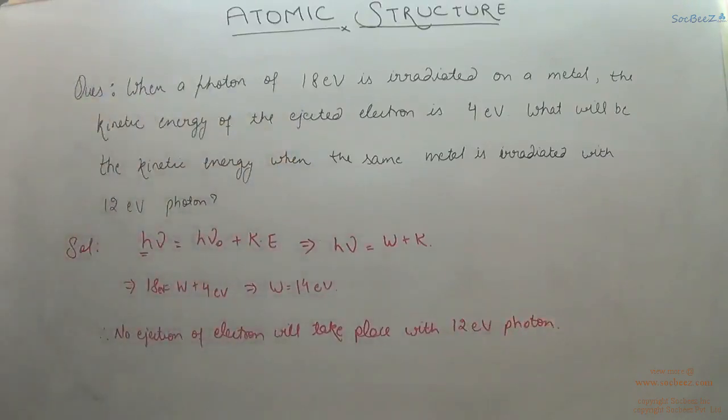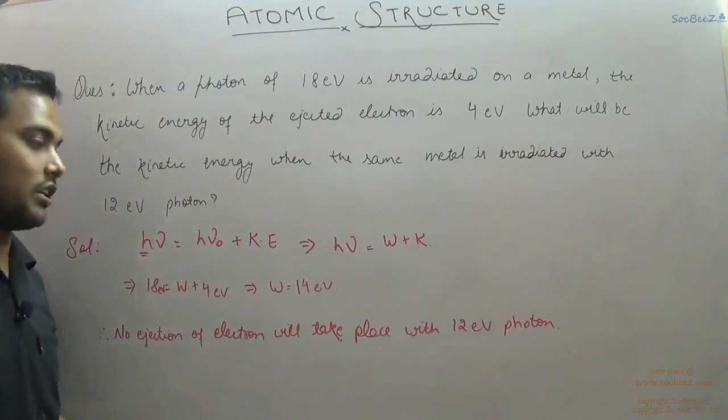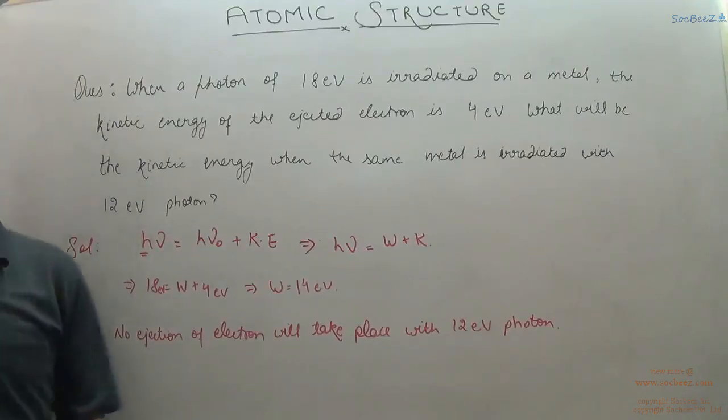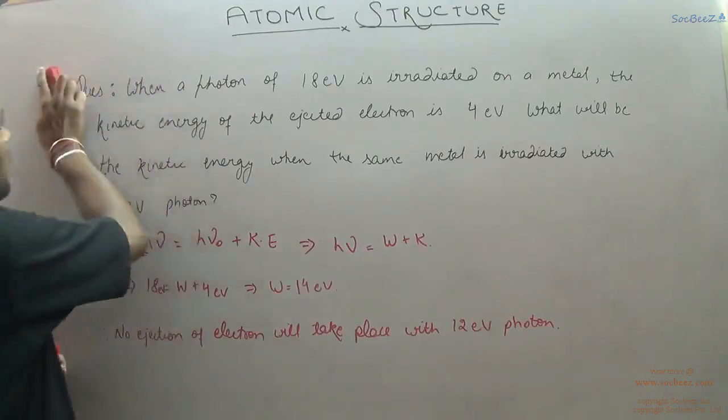So there will be no kinetic energy of the ejected electron, as there is no ejected electron. Right. So now let's go further in our chapter.